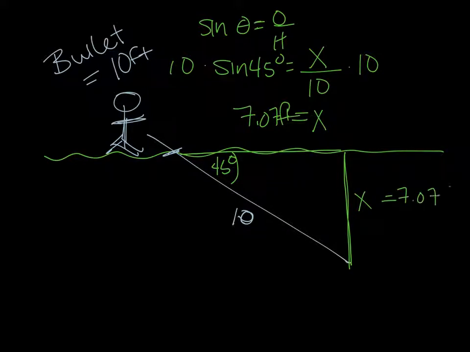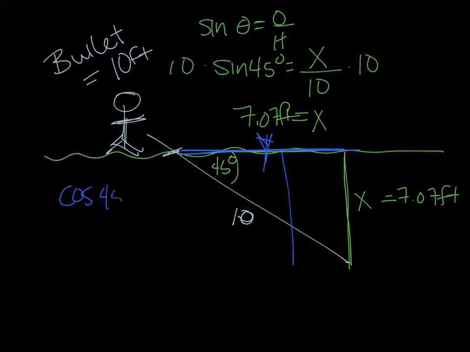Now we could have also done this for how far over you have to dig. It would be silly to dig down 7 feet right there because you wouldn't reach the bullet. So how far over do we have to go? Let's call that y. I labeled them weirdly, because if we were looking at an x, y-axis, it'd be the other way around. But anyway, here we have the adjacent and the hypotenuse. That would be cosine.